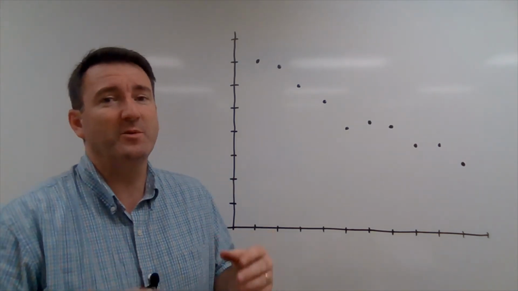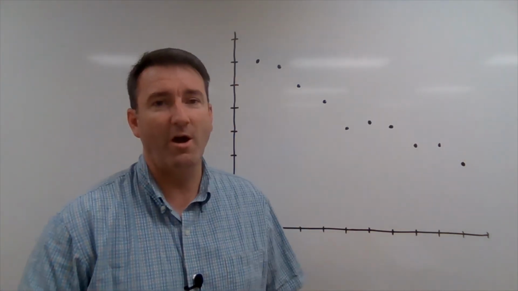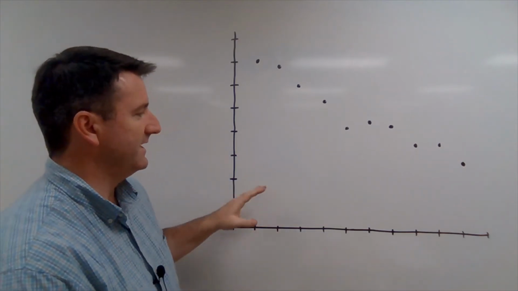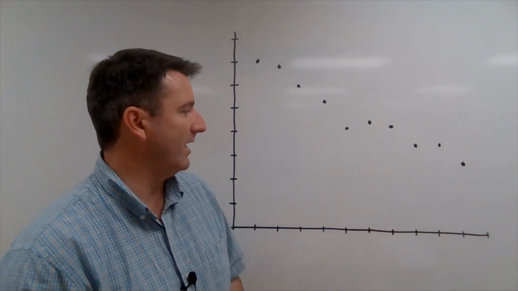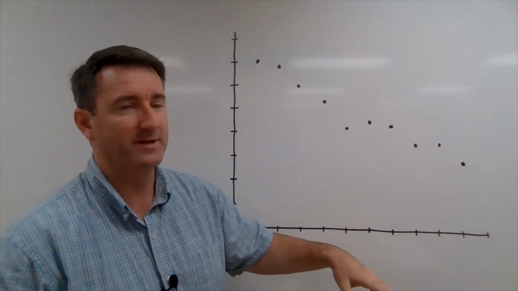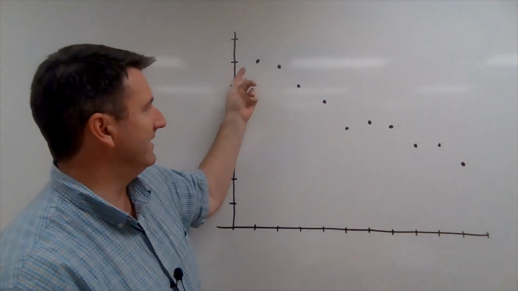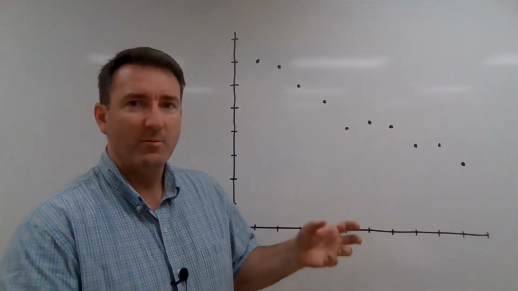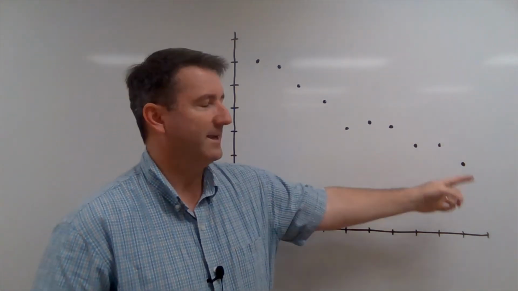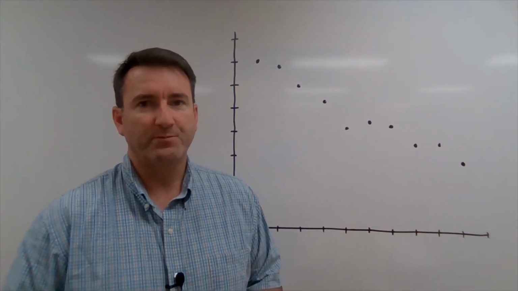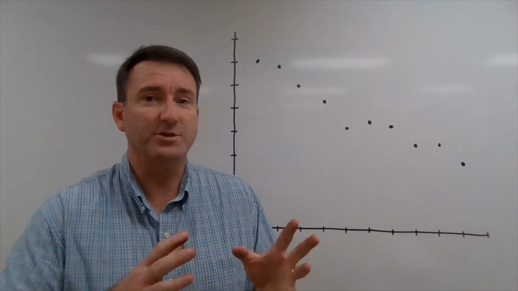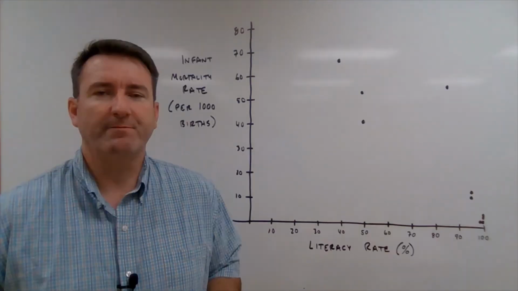And finally, this would be an example of a strong negative correlation. You can see that as the variable on the x-axis increases, the variable on the y-axis is clearly decreasing. And all of the dots are clustered pretty closely along a line with a negative slope. So this is a strong negative correlation.